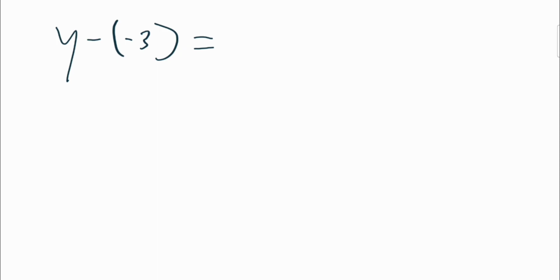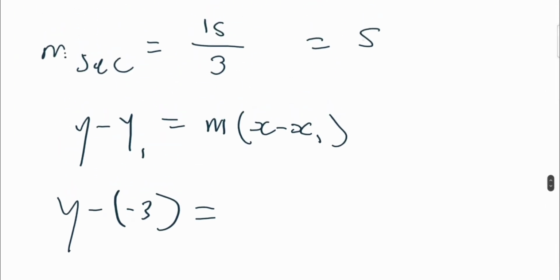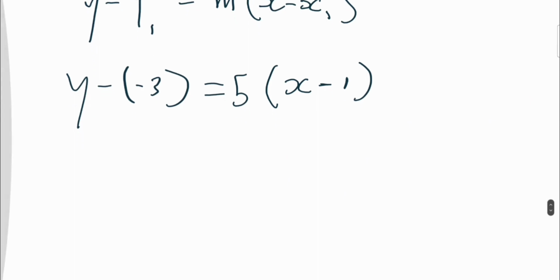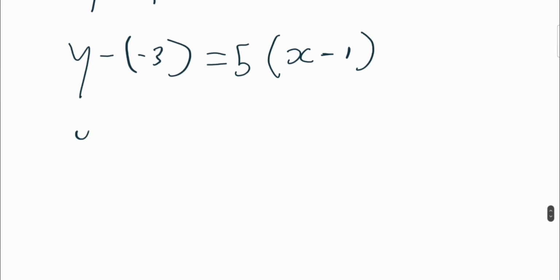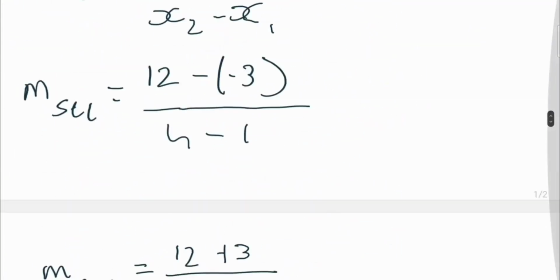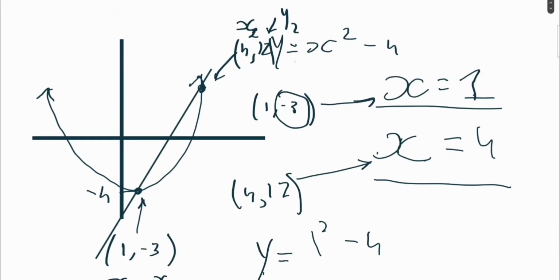So this is going to equal the slope, which is 5. So 5x minus 1. So this is going to be our equation, and we'll just simplify this one last time. So that is the equation for this curve and these x values.